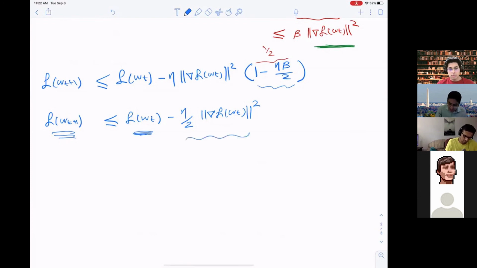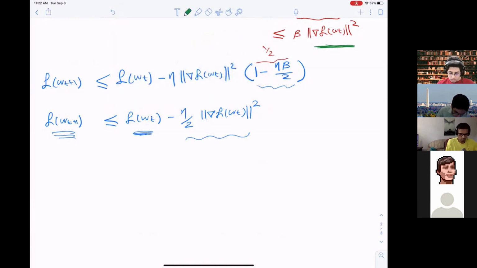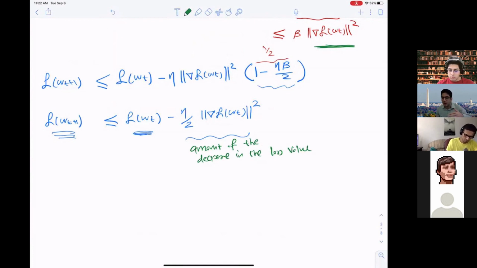What is the amount of the decrease in the loss? This guy is a bound on the amount of the decrease in the loss value. If this amount is big enough, that is good for us. We want to make sure that in each step I substantially reduce my loss value.